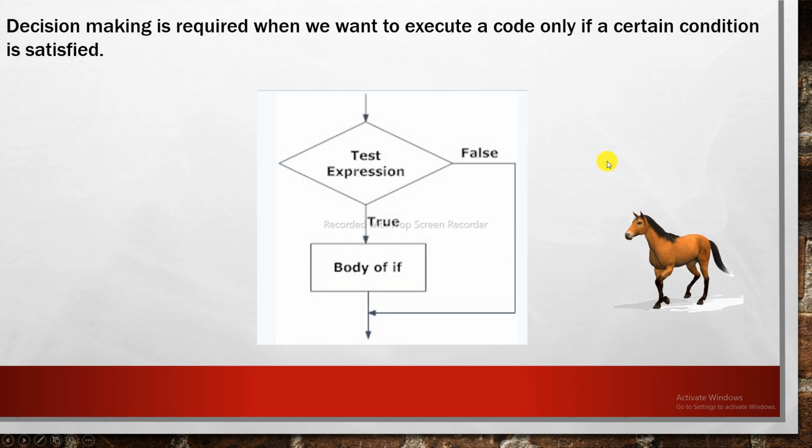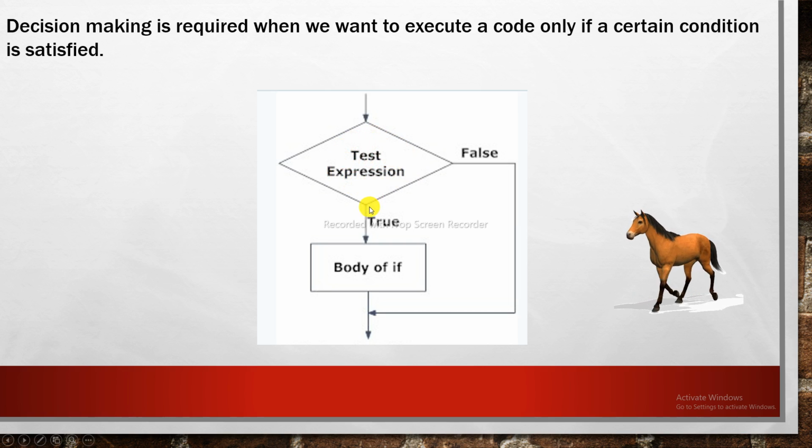Okay guys, so this is the second one, how you decide the conditions here. Sometimes you have to decide. So first thing is here I am representing everything in a simple form, like a flowchart presentation. See, first it will check the condition. Your condition is tested first.